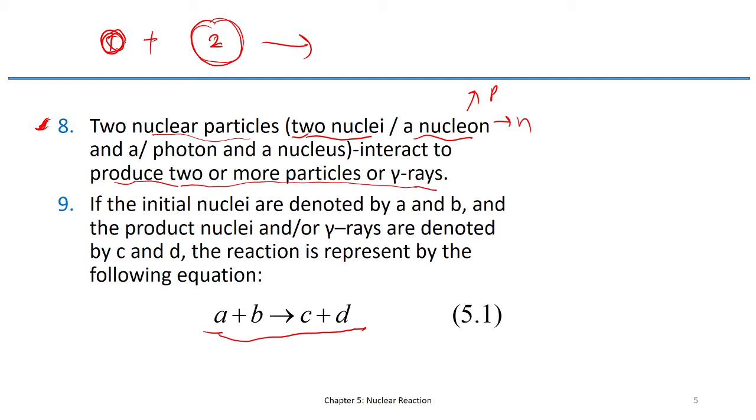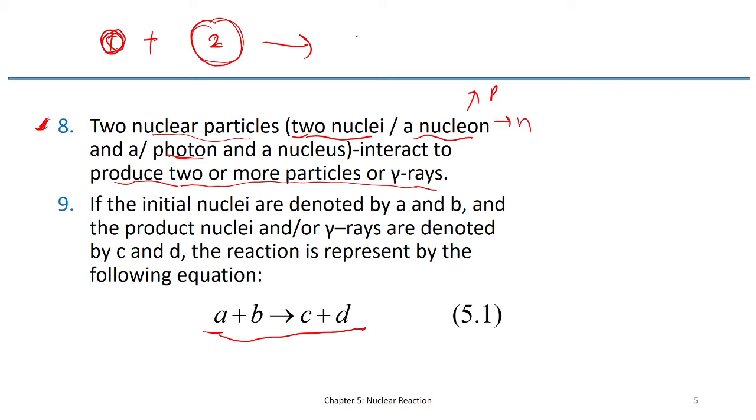Number one could be a nucleus and number two could also be a photon. So anything that works. If there are two entities that can work to produce a nuclear reaction, then you will have a nuclear reaction.